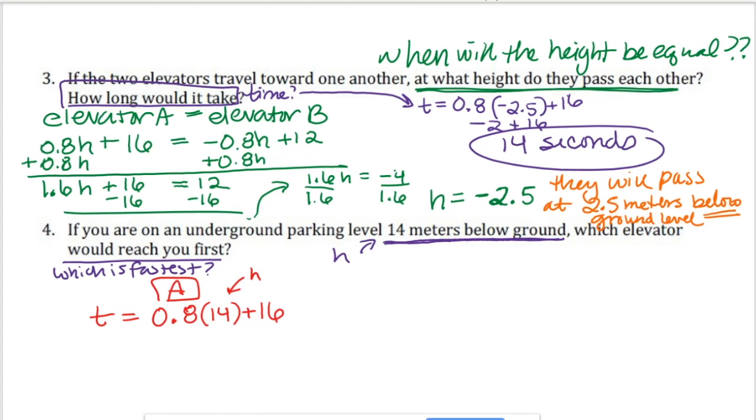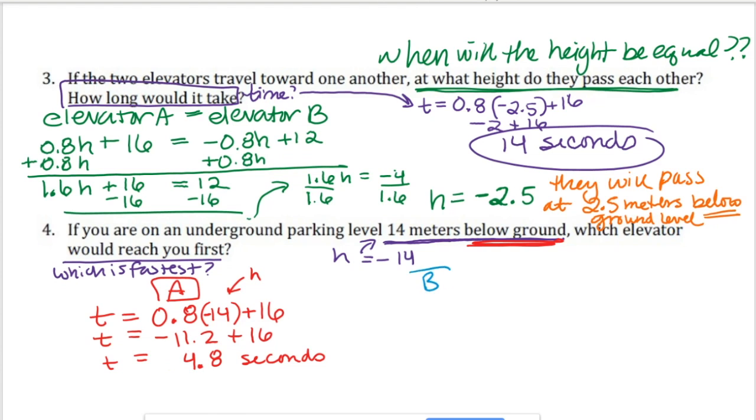Now, hopefully you thought about this, but we're 14 meters below ground, so make sure that you're using negative 14. All right, so when we do some calculating here, we get negative 11.2 plus 16. Sorry, it's positive 4.8 seconds.